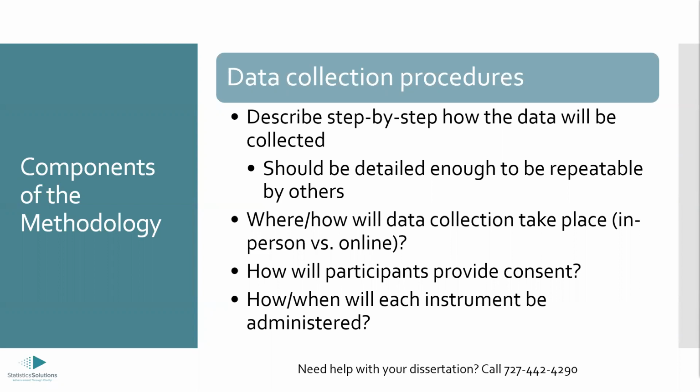When are they going to get the survey instrument, or how are they going to get the survey instrument? Are they going to be emailed the survey instrument? Like, is it going to be an online survey where participants are just emailed a link and then they follow the link from their own computers and take the survey online?